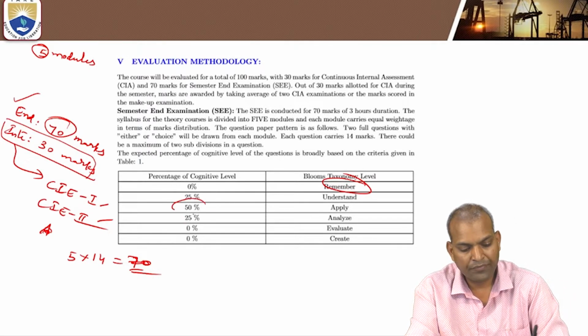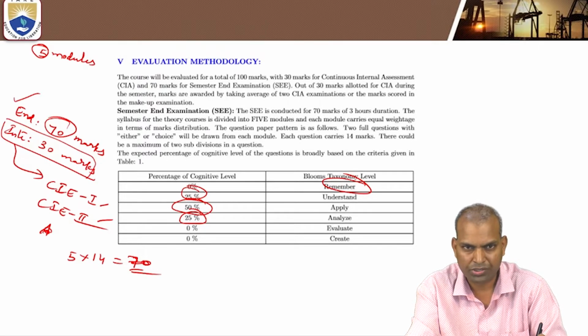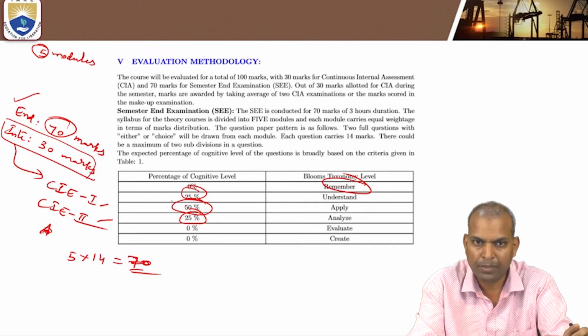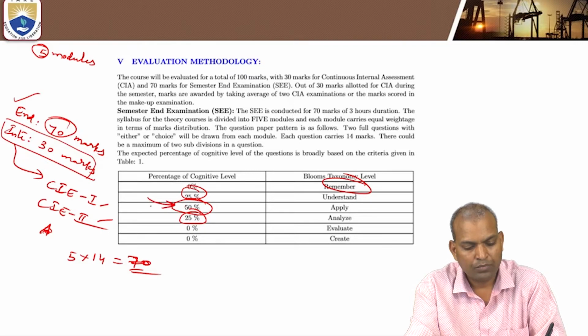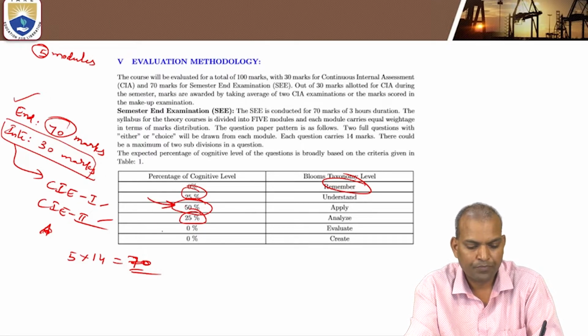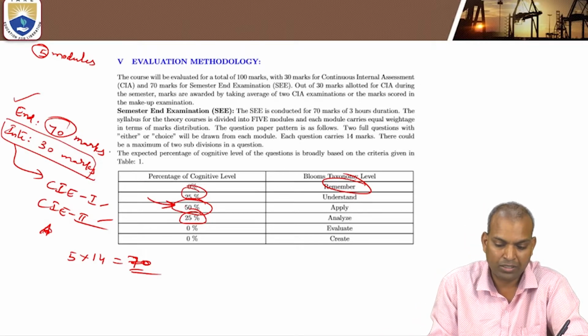Why is apply 50% and understand 25 and analyze 25? Because this course involves problems and derivations, so there is more application of concepts, application of engineering mechanics and applied physics. That's why we give more importance, 50%, to the apply level of Bloom's taxonomy, and equal importance to the analyze and understand levels.